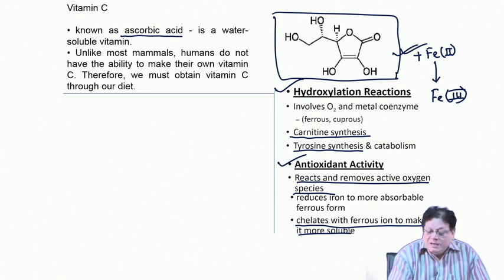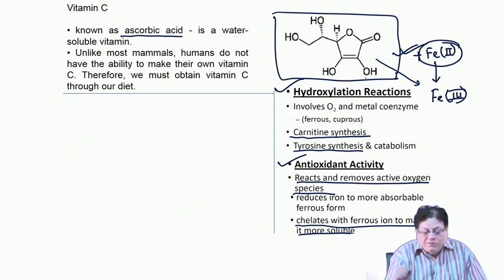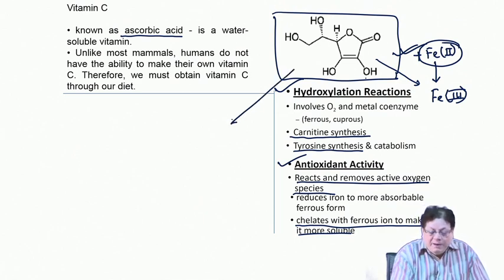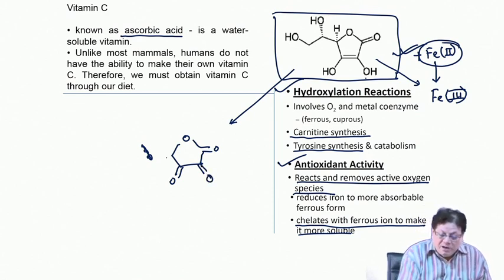Vitamin C or ascorbic acid reacts if there is any ferric. It will convert this ferric to the ferrous, so the ferric will be reduced to ferrous, and the ascorbic acid will be converted into its oxidized form, where both are carbonyl groups.